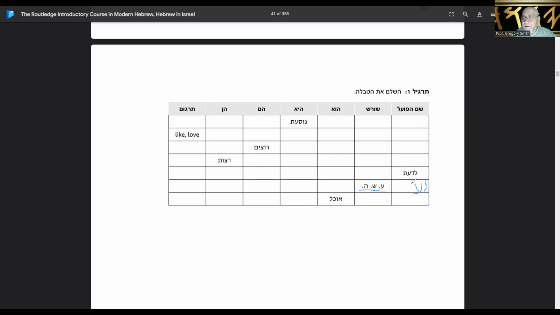Lamed, ayin, sin. Notice the superlinear dot is on this side to make simply an S sound. La'asot. And then we have holem and tav. La'asot. To do, to make, to create.